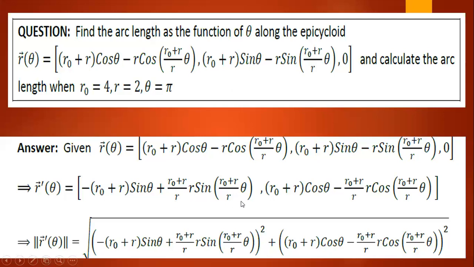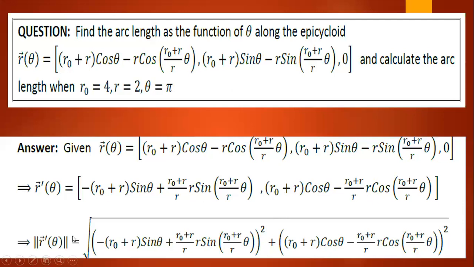In the next step we'll do this. Similarly, the derivative of (R naught plus R) sin theta is (R naught plus R) cos theta, and again minus R sin of (R naught plus R over R) theta, and the last term is 0, so it remains 0. So we get this derivative.